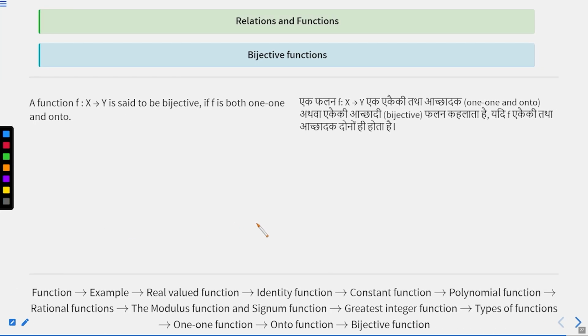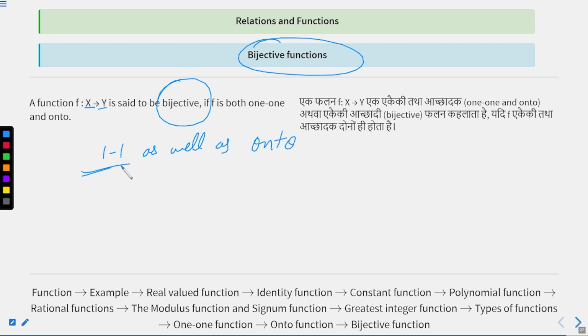Let's move to next. The final type is the bijective function. A function f from X to Y is said to be bijective only if it is one-one as well as onto. So if my function is one-one as well as onto, then it will be bijective.